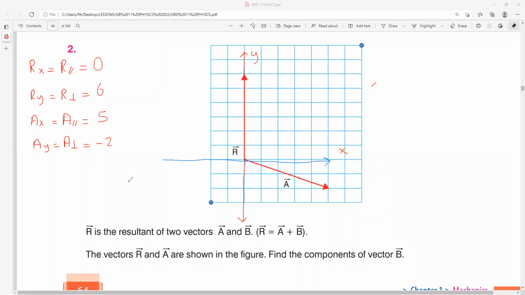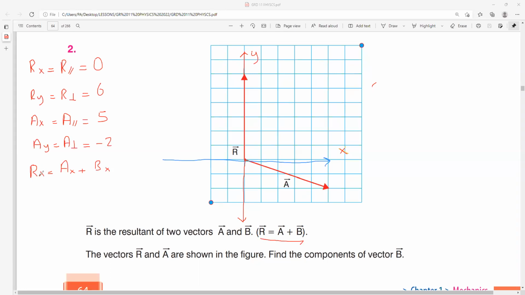Yes, perfect, that's good. From now, people, what we know, to get R, as you see, R equals A plus B, right? So for Rx, how can we get Rx? Rx equals AX plus BX, right?